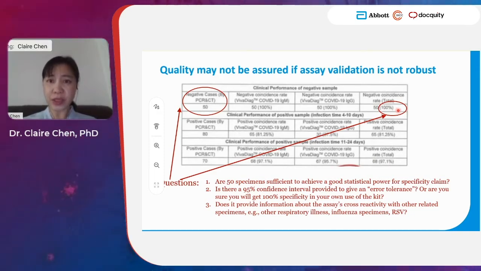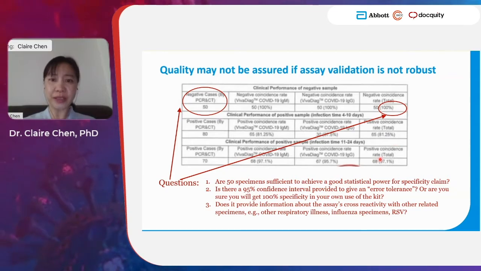But the question is whether such a small number of samples will give you assurance or confidence that the assay will reproduce the same results in the user's hands, right? Also, this assay didn't give you the 95% confidence interval, so you don't know whether you can always repeat the result as 100%.